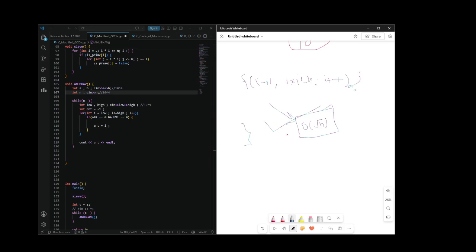And one more thing, if we look at the GCD, let's suppose the numbers are 9 and 27, and if we look at the GCD, what would be the GCD?